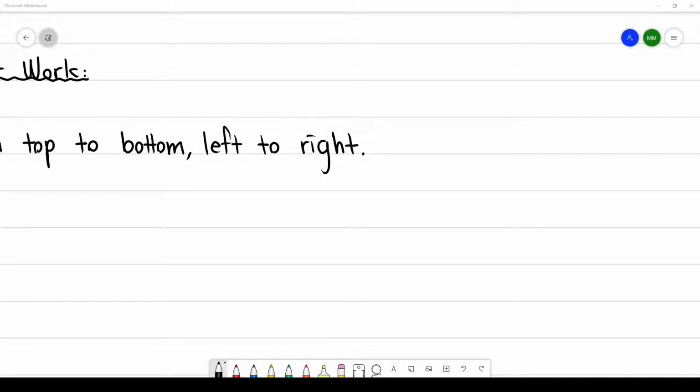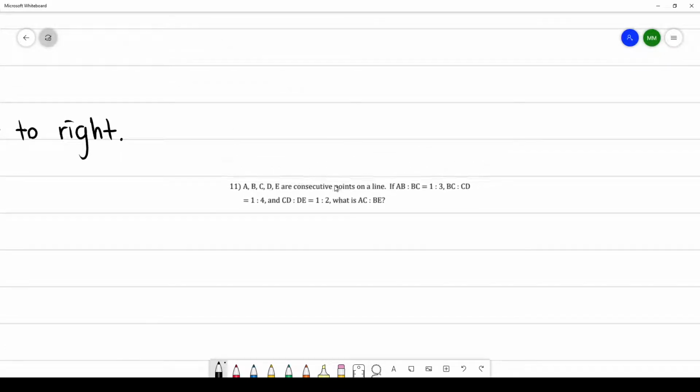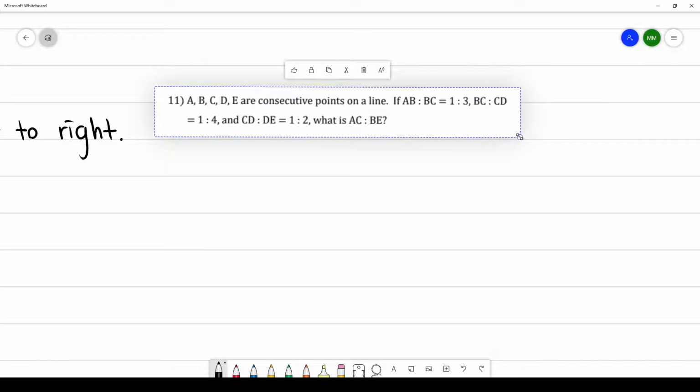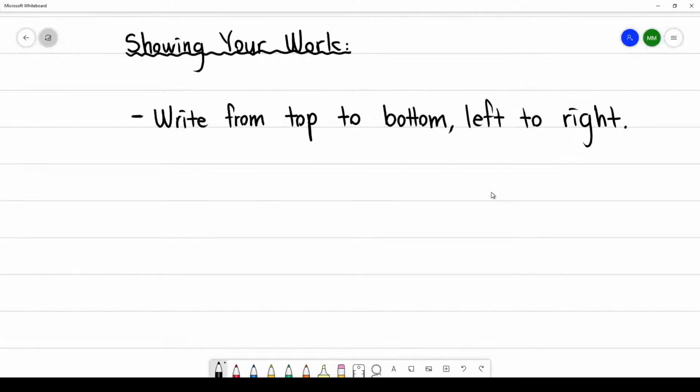So let me just say this one. Oh wait, no. So number 10 from the homework. Actually, number 11. Yeah, the last question on the homework. Well, some of you did it, and that's good. You got the right answer, but I want to show you how to better show the work. Yeah, so I'll show you an example after I write down all the tips.